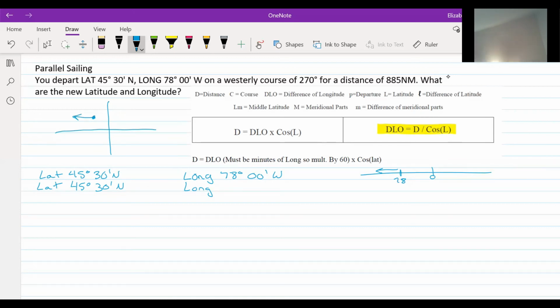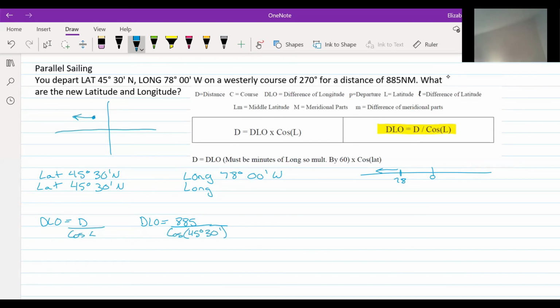We will start with our formula. D low equals D over cosine of L. So D low equals our distance of 885, which I got from the problem, over the cosine of our latitude, 45 degrees, 30 minutes. Calculator error is quite common in these types of problems.